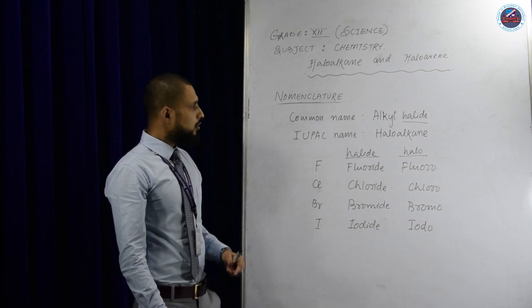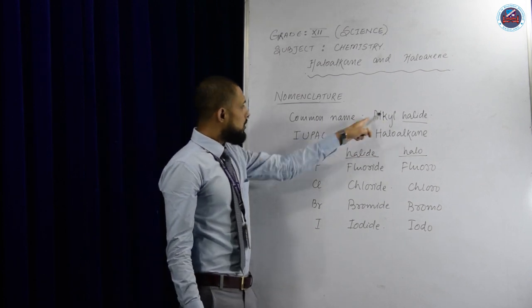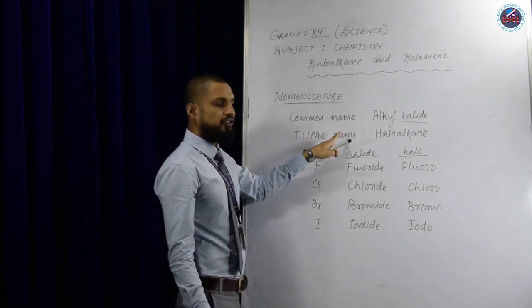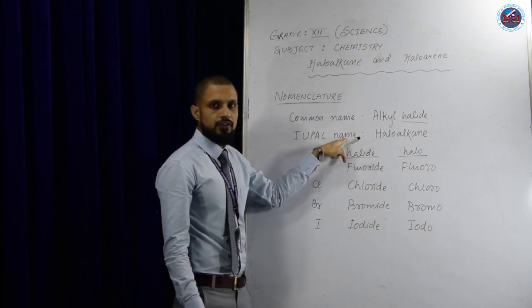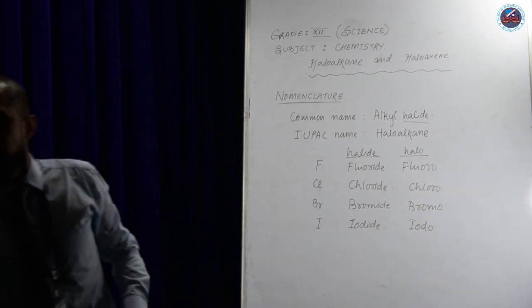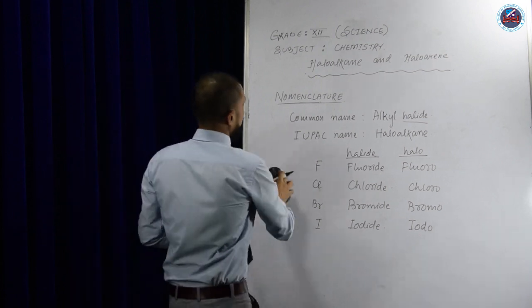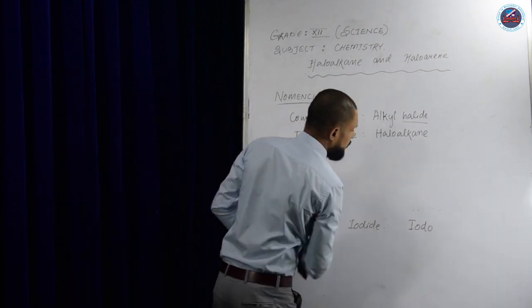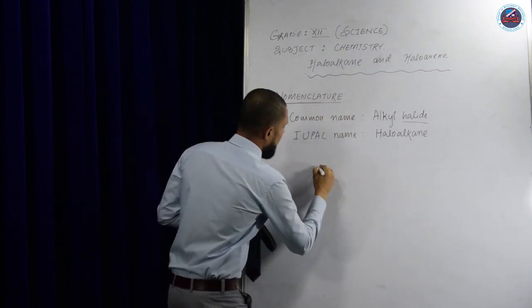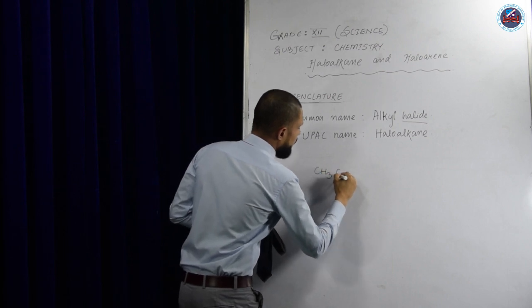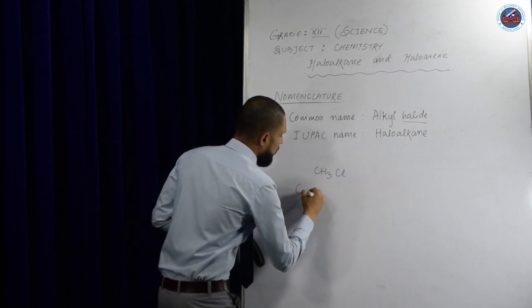So let us try to learn the common name and IUPAC name with the help of examples. The first example I'm going to take is CH3Cl. Let us see the common name.